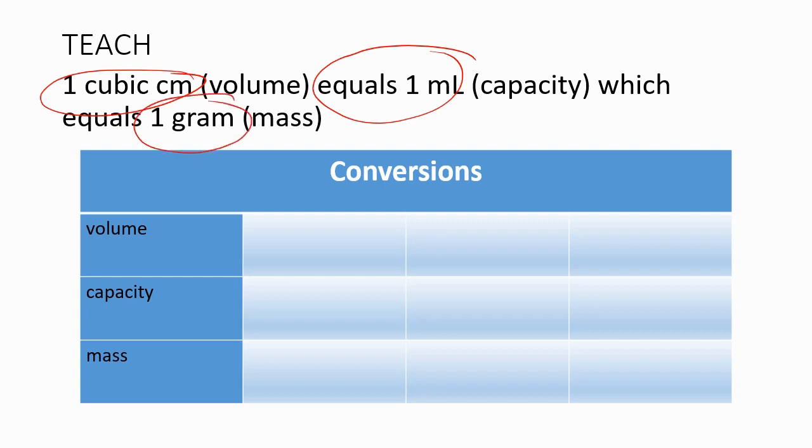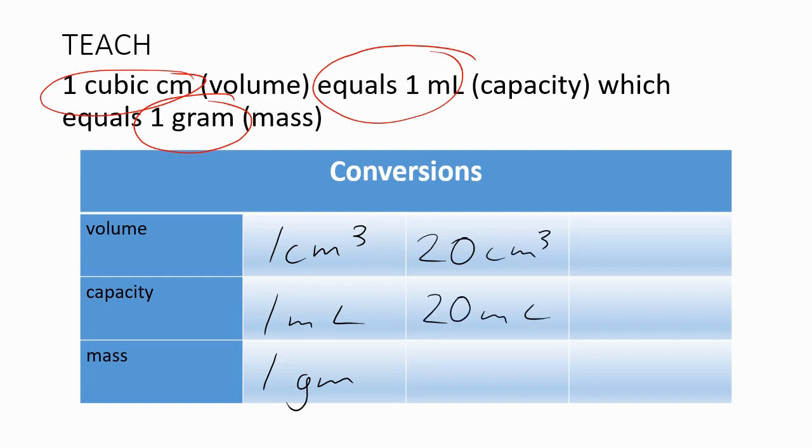And that looks like this. 1 centimetre cubed equals 1 milliliter, which equals 1 gram. Or it looks like this. 20 centimetres cubed equals 20 milliliters, which equals 20 grams.